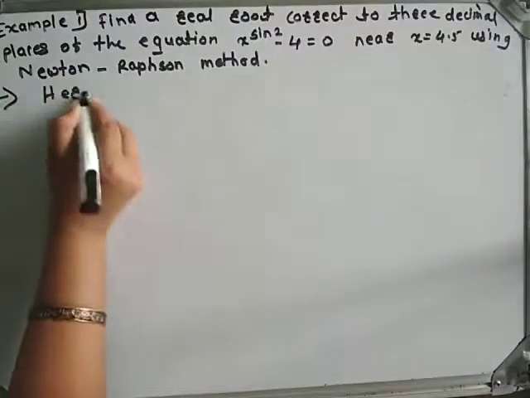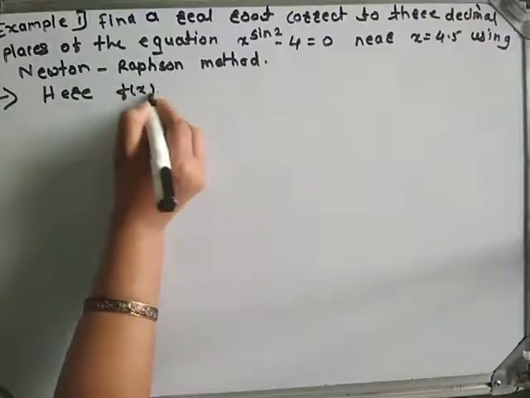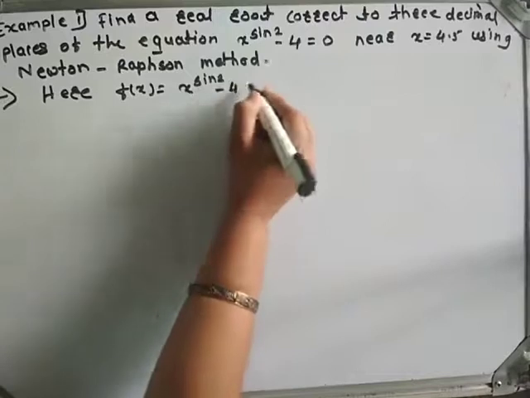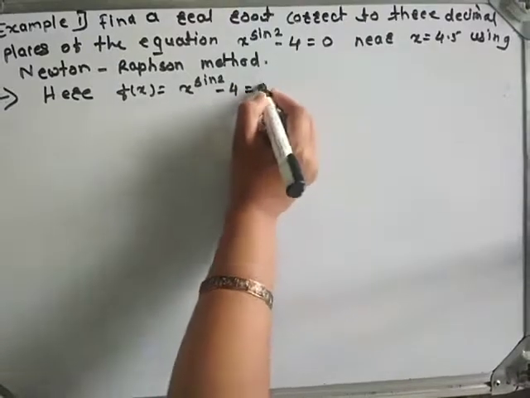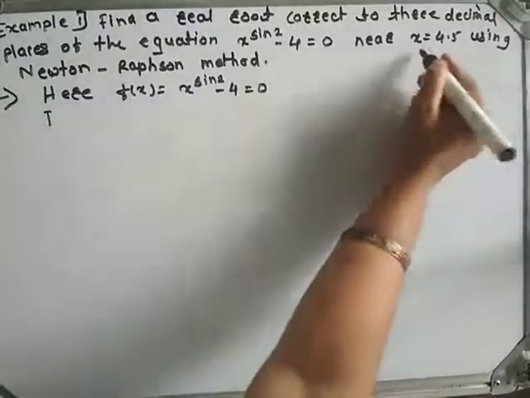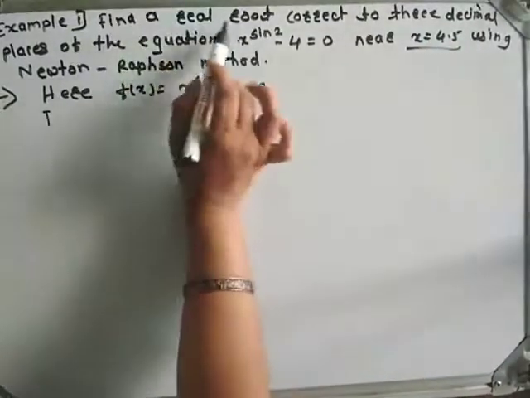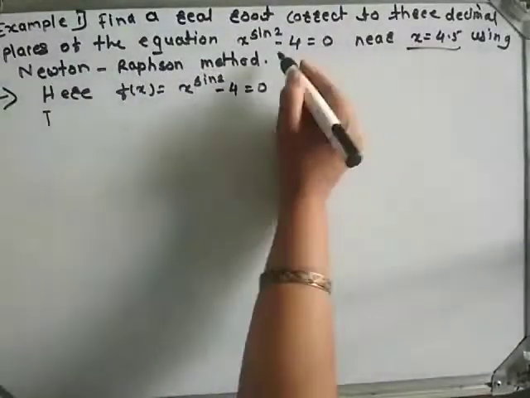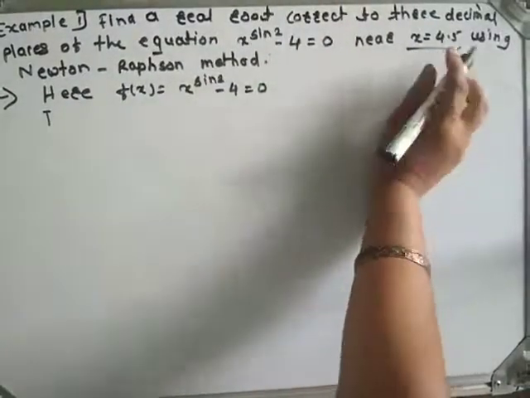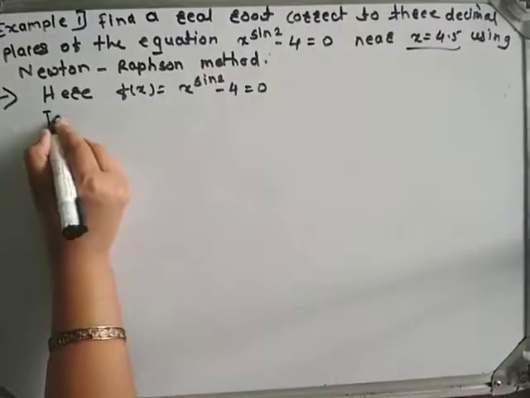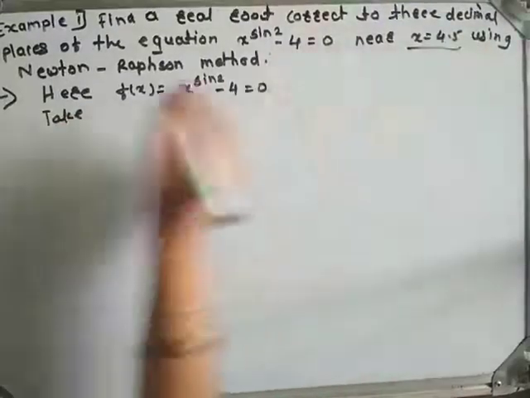Here the given equation is f(x) = x^sin2 - 4 = 0. We have to find the real root correct to 3 decimal places of the equation near x = 4.5. Therefore, here x0 is 4.5.